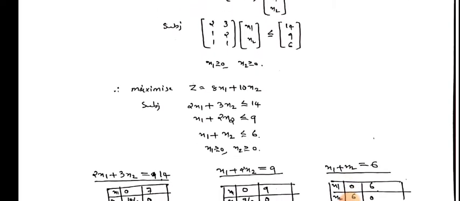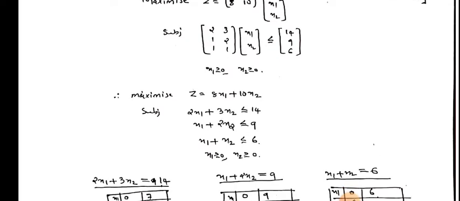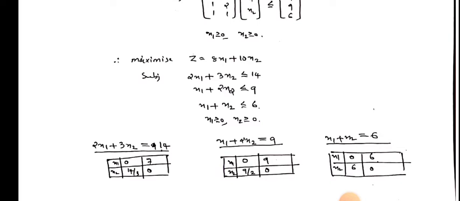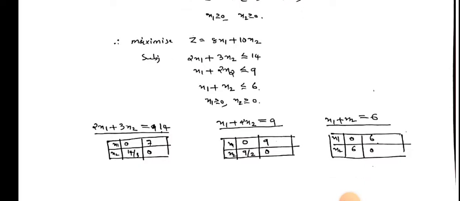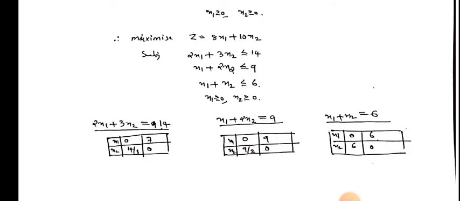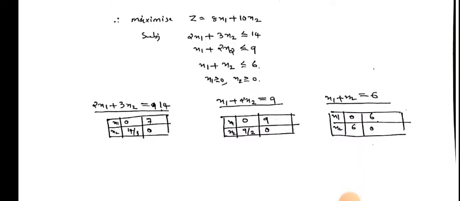That is, maximize Z equal to 8x1 plus 10x2 subject to the constraints 2x1 plus 3x2 less than or equal to 14, x1 plus 2x2 less than or equal to 9 and x1 plus x2 less than or equal to 6, with x1 greater than or equal to 0 and x2 greater than or equal to 0.